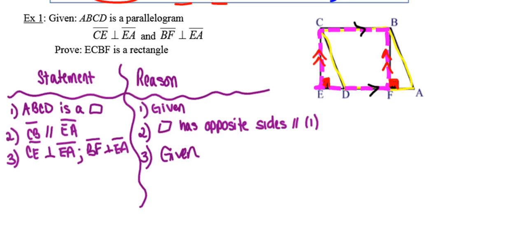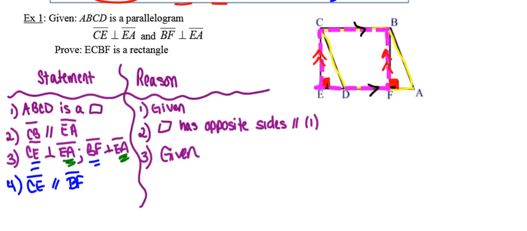I'm also going to be a little smart about this. Notice that EA is perpendicular to both segment CE and segment BF. Because EA is perpendicular to both, it must mean that segment CE and BF are parallel to each other.